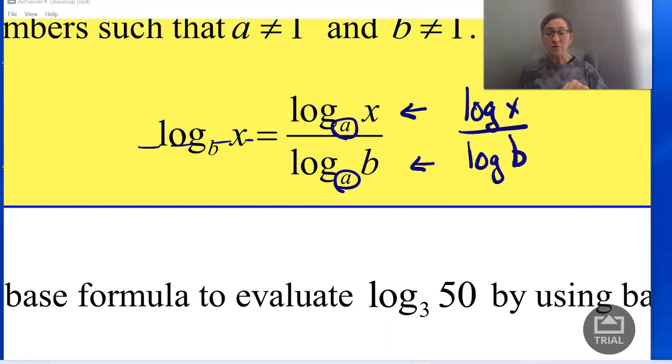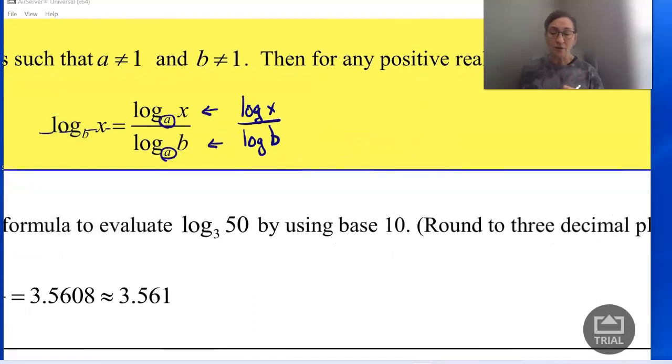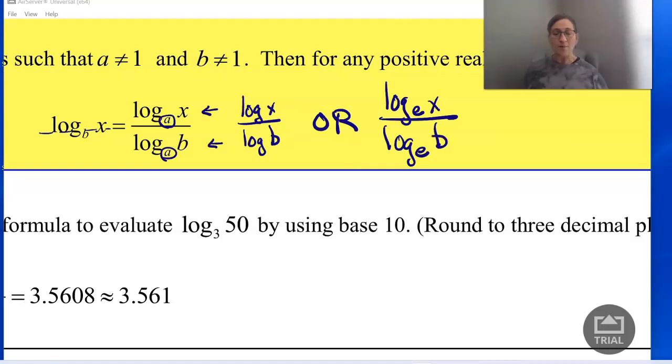Or you honestly could write it as a natural log, like log base e of x over log base e of b. But we don't write log base e. That is exactly the same thing as natural log x over natural log b. So what am I trying to say?